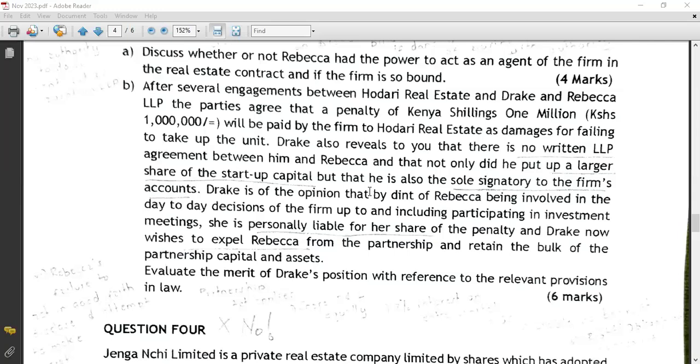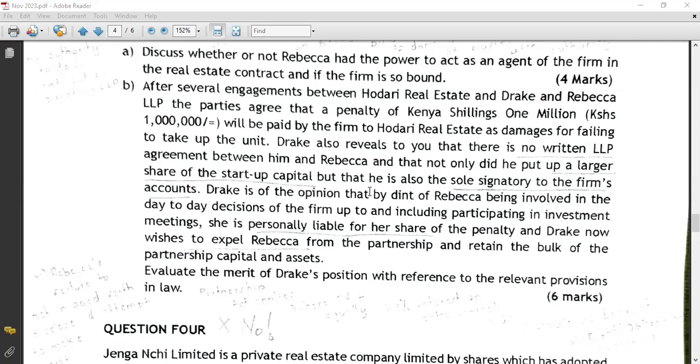So the first point is, in absence of an LLP partnership, the LLP Act applies. So if you don't have an LLP partnership, LLP Act applies according to this question.